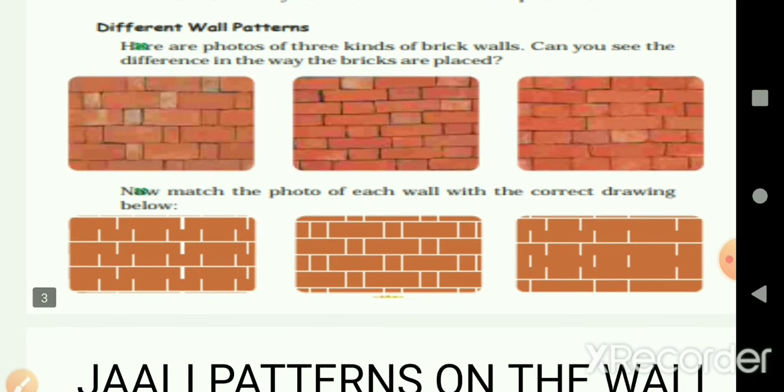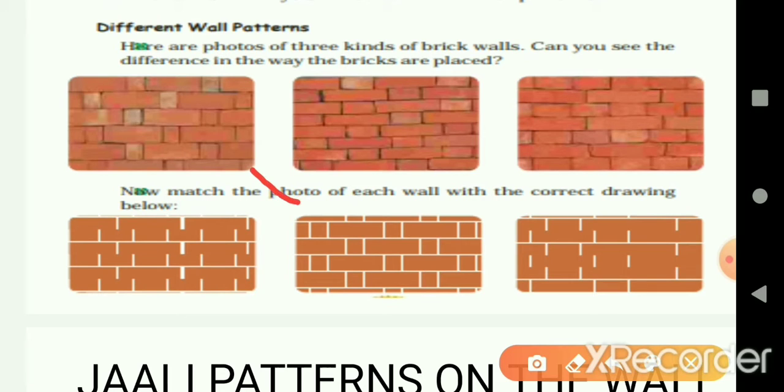So the first wall pattern I found in the second photo, so I match it with that. Then the second one I found in the first, and then the third one I found in the last one. So this is the correct brick pattern.